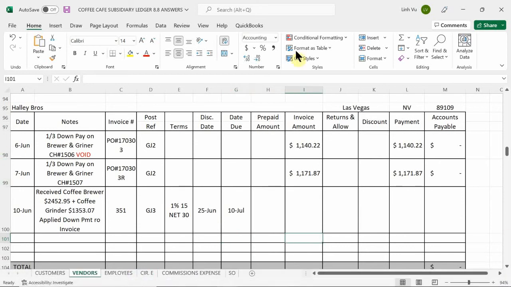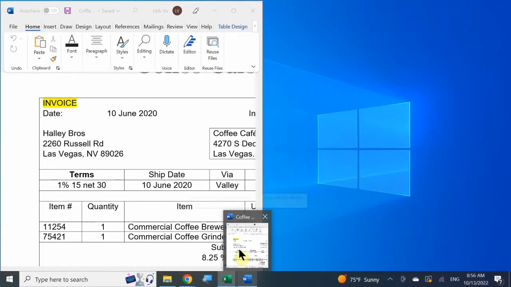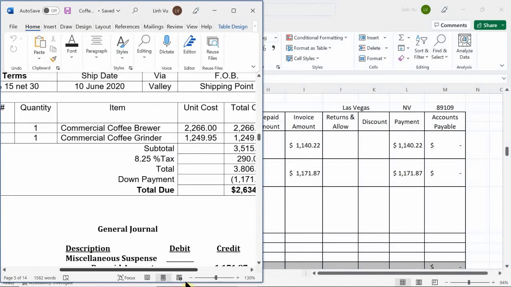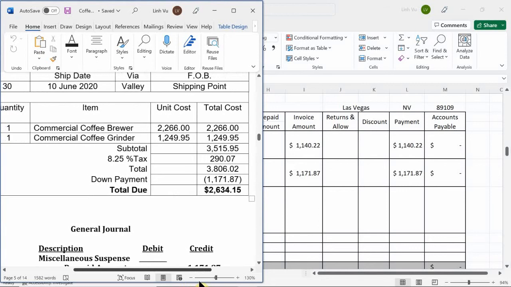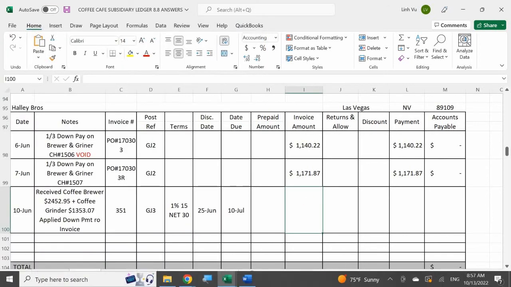Now, how much was the total amount on your invoice without the down payment? Before the down payment, how much was the bill? $3,806.02, okay?